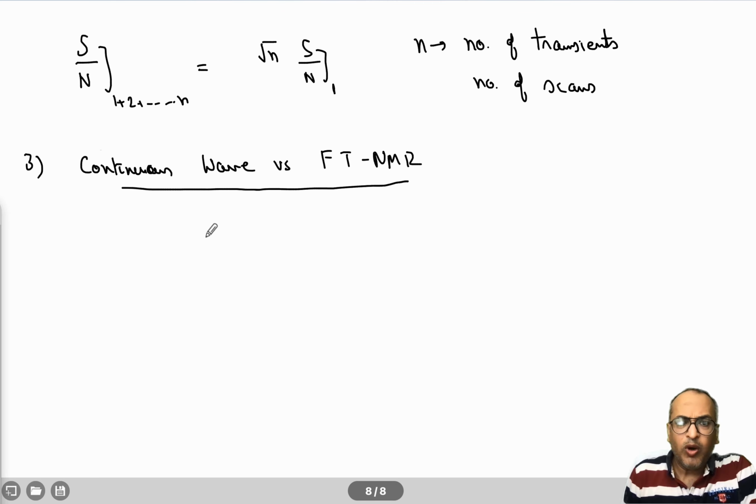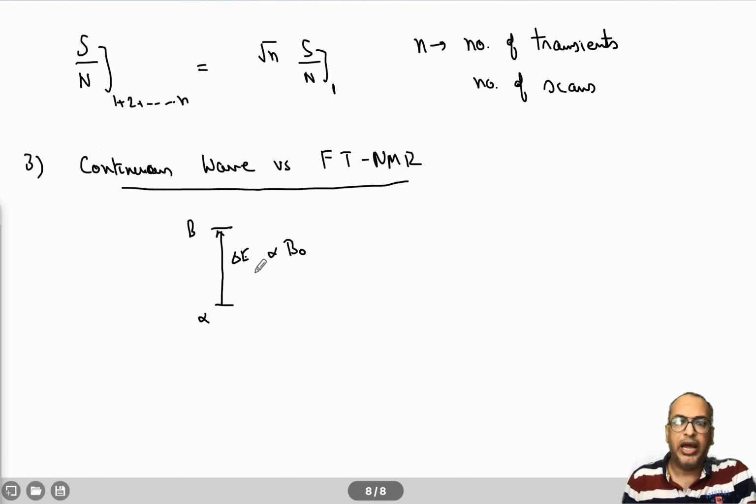So what we understand from previous lectures is that if you have Zeeman splitting alpha beta, then there is an energy gap which is proportional to the applied magnetic field, and this also has to be equal. So you need to apply RF, radio frequency, which is of the order of B1.